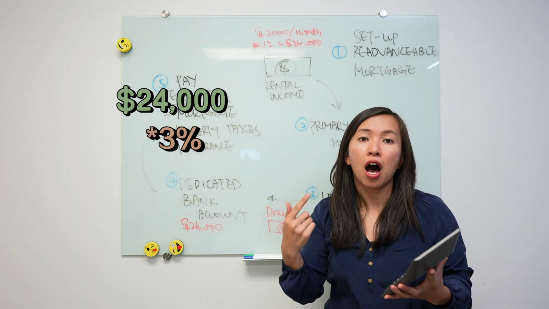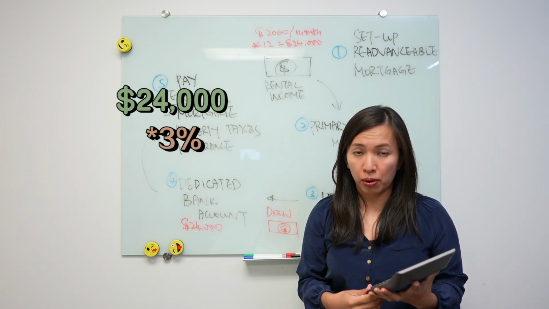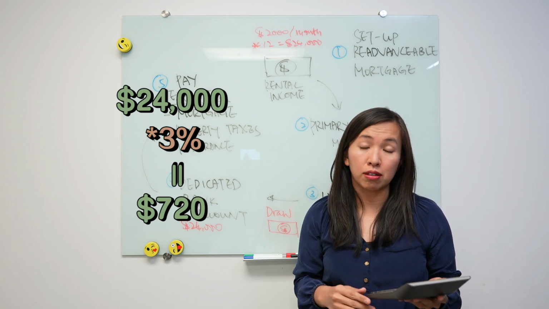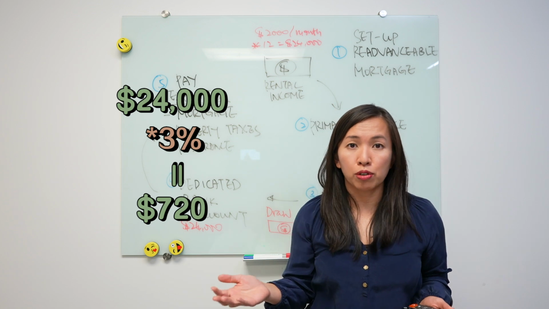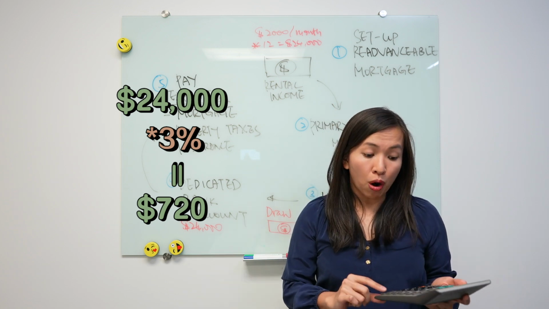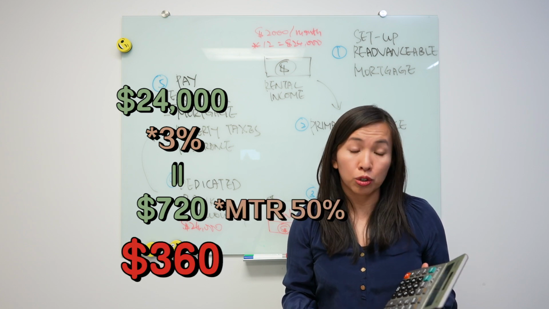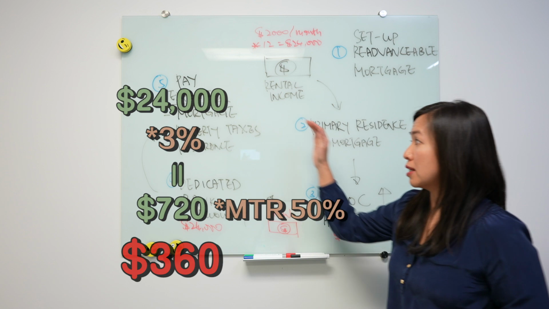Interest expense of the HELOC that you draw out is about $720. That 3% is equivalent to $720 annually. Multiply by your marginal tax rate. Everyone's marginal tax rate is different, but if you are in the 50% tax bracket, you could save $360 annually by just redirecting the fund.